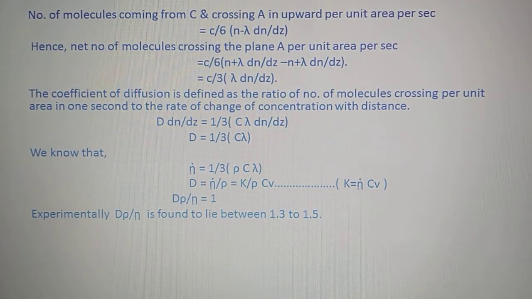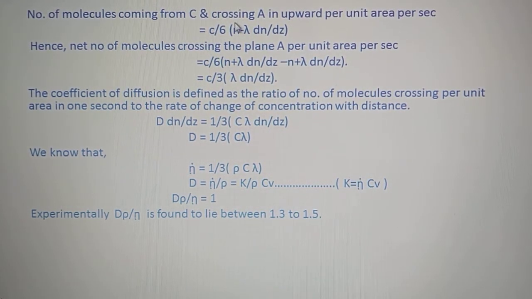Similarly, the number of molecules coming from layer C and crossing A in the upward direction per unit area per unit time will be 1/6 into C into N minus lambda into dN by dZ, right?